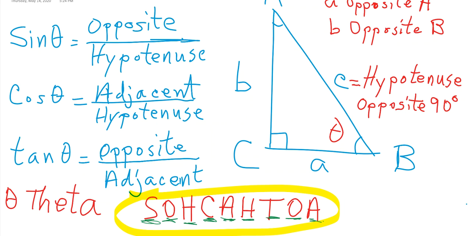Sine, opposite over hypotenuse. Cosine, adjacent over hypotenuse. And lastly, tangent, opposite over adjacent. SOHCAHTOA. I hope that sticks in your mind. Just remember how to spell it, S-O-H, not S-A-H. Very good.